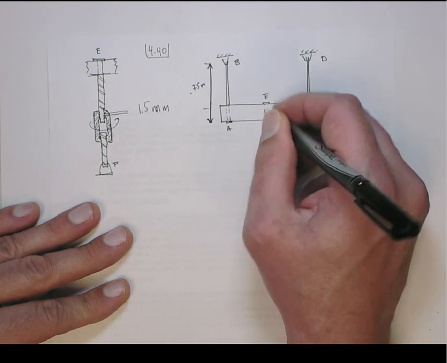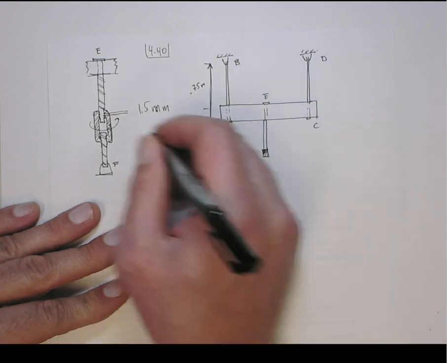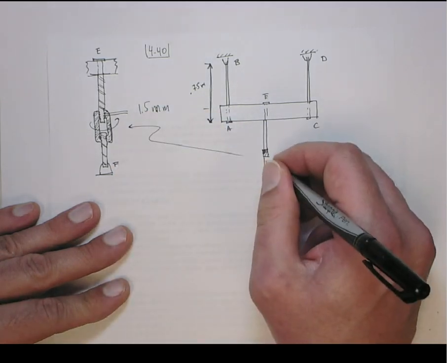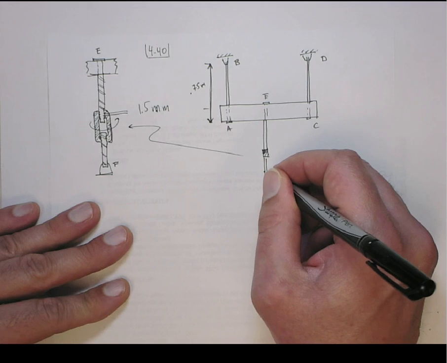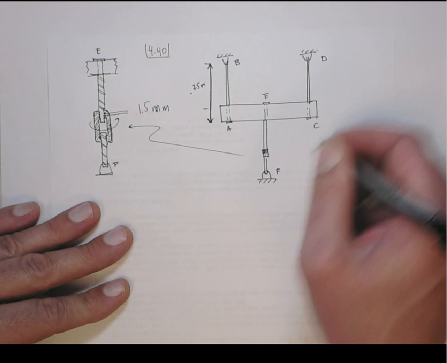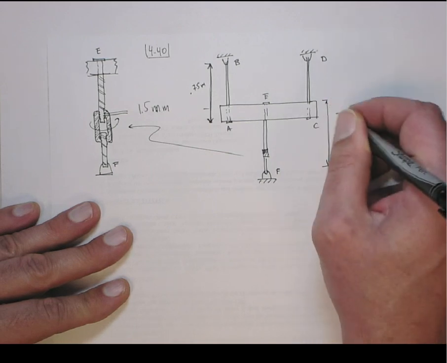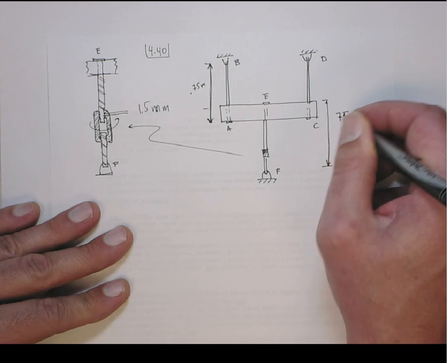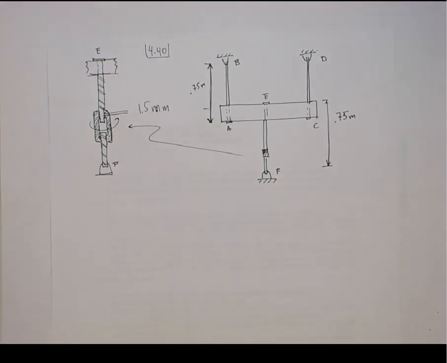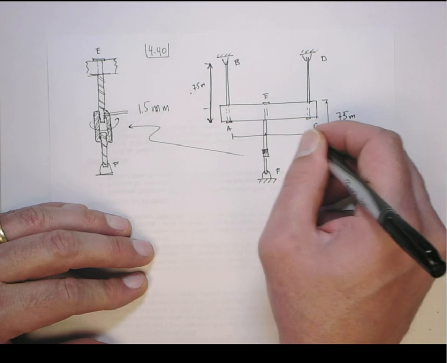Here's the turnbuckle detail, so that's the detail I'm trying to show there, and it comes down again and is pinned at point F. This distance here is also 750 millimeters, or 0.75 meters. These distances here they give, well, we don't really need them.